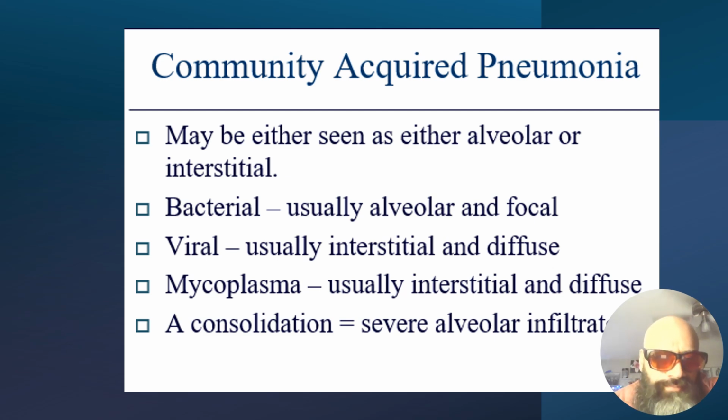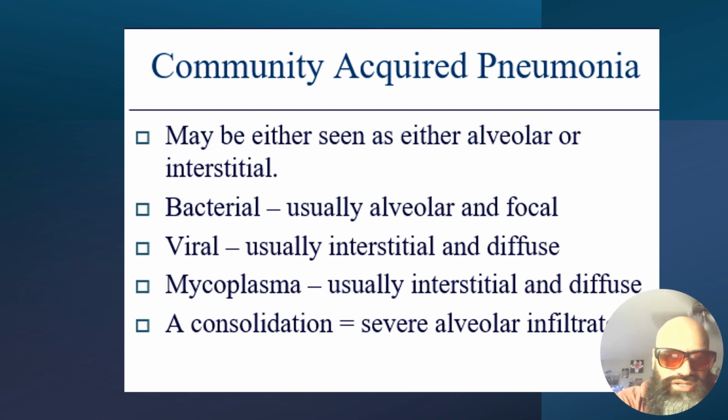Community-acquired pneumonia. So this has different etiologies. It could be bacterial, viral, mycoplasma, or just a significant amount of fluid or pulmonary edema consolidation. They have particular patterns that we can go by that we see on chest x-ray.